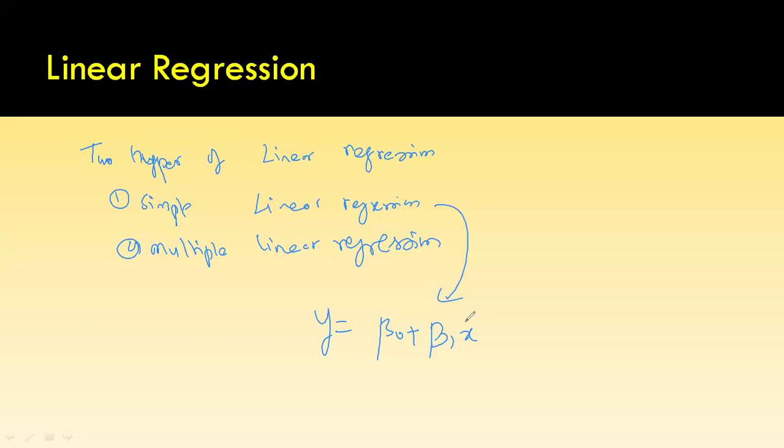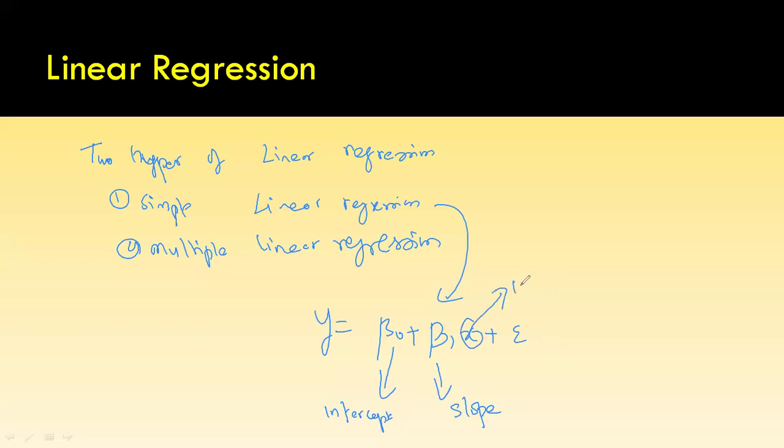Here it is beta naught plus beta 1x plus E, where E is error. So what are beta naught and beta 1? Beta naught is called your intercept, and beta 1 is called your slope. And what is x?